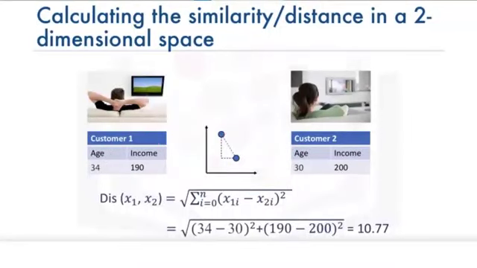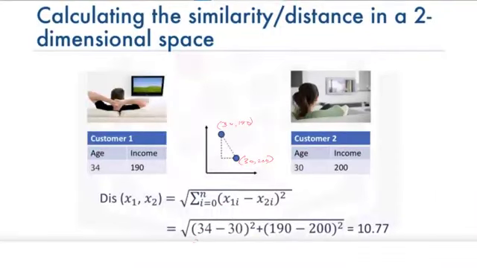Customer one has these coordinates, 34, 190, let's suppose. This is another customer, 30 and 200. Now I want to find the distance between these two points. It would be a straight line. I will find the distance between this point and this point. That distance can be measured through Euclidean distance.